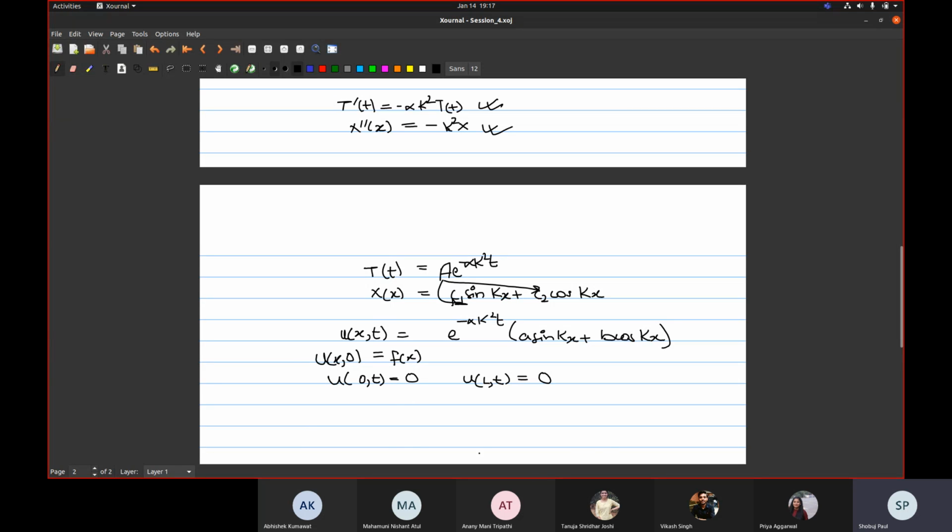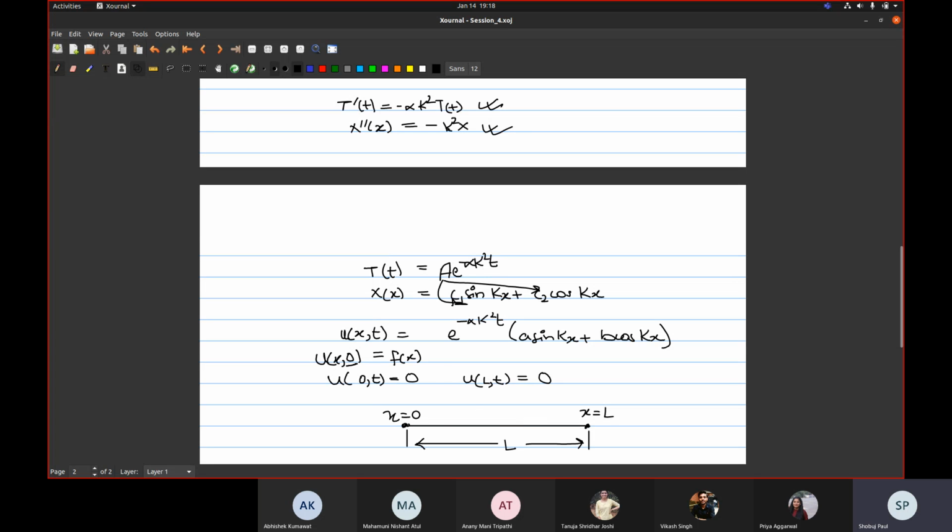What does this problem mean? This problem means that I have a rod of length L. This is x equals 0, this is x equals L. At this point my temperature is 0, and this is the initial condition, so the temperature is not 0 yet elsewhere.